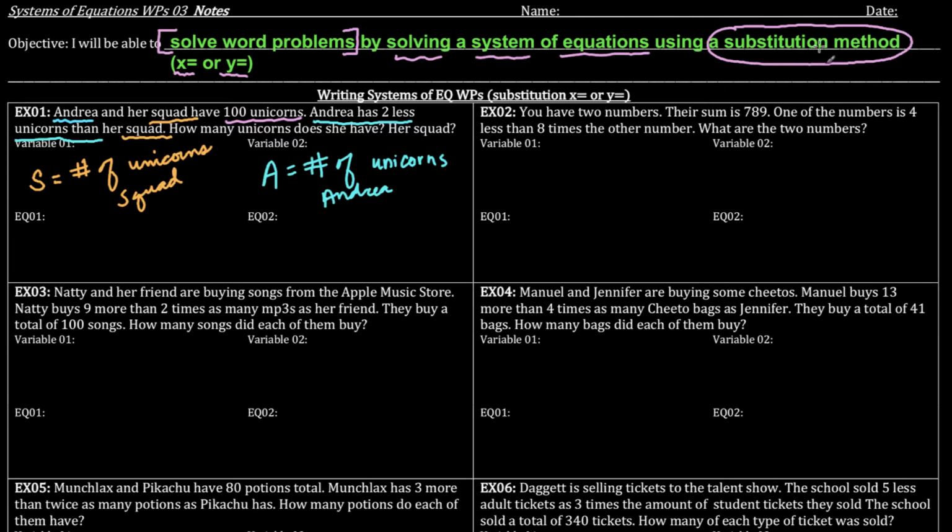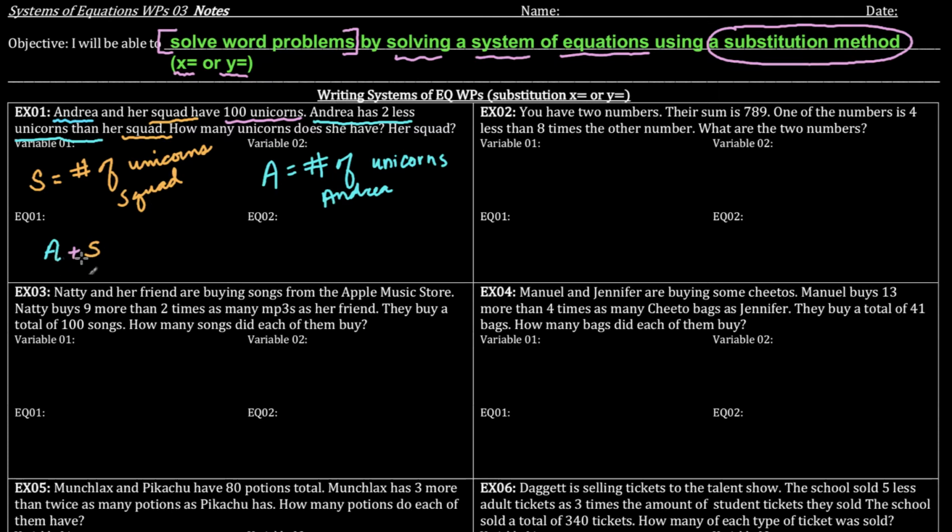All right, so we know that together they have 100 unicorns. You can see it right here. Andrea, squad, 100 unicorns. So I'm going to write Andrea and the squad. I'll make it pink.